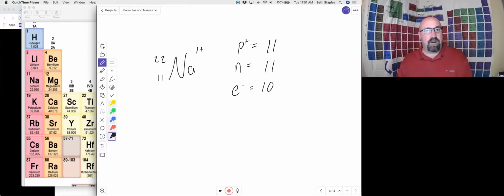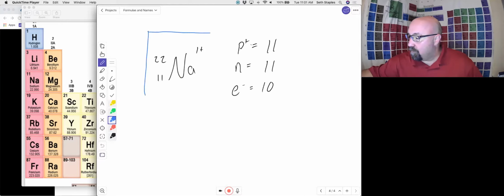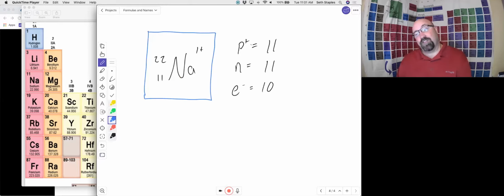Now I just bring this up just to show you that we can now depict all of the number of particles in a particular ion, in a particular isotope of that ion, or a particular ion of that isotope, sorry. And so that gives us the information that we need to find the number of all of the different subatomic particles in any particular ion.